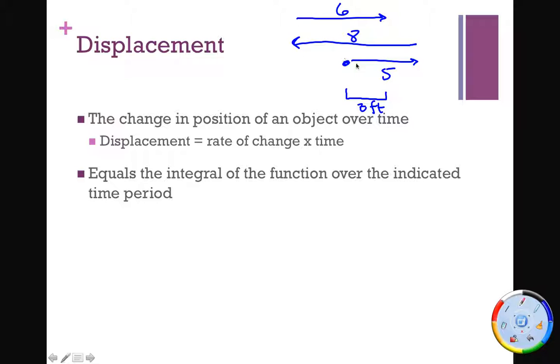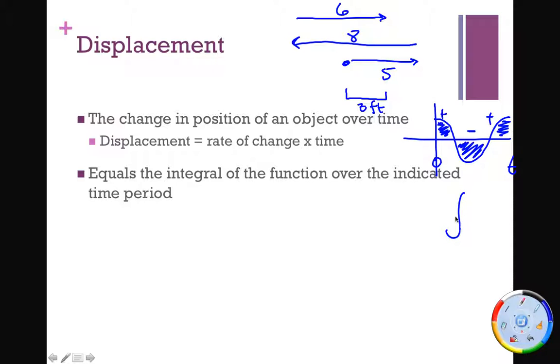So if you could somehow model this movement in your room as a function, notice that some of it's positive, some of it's negative, some of it's positive, and you recall that when we found integrals, we were taking the area here as being positive, the area here as being negative, and the area here as being positive, and there was some sort of net change. In this case, it would have been a positive 3 value indicated from 0 to t.